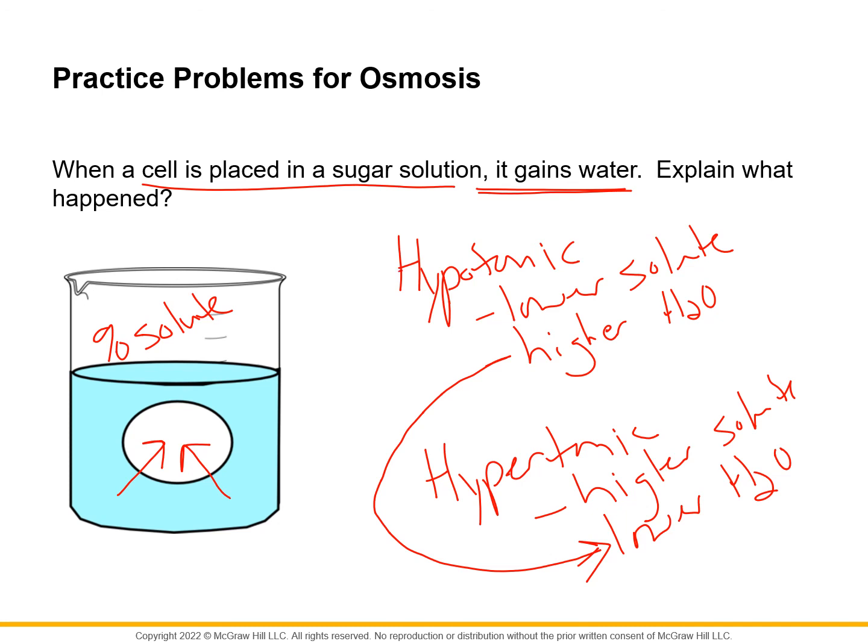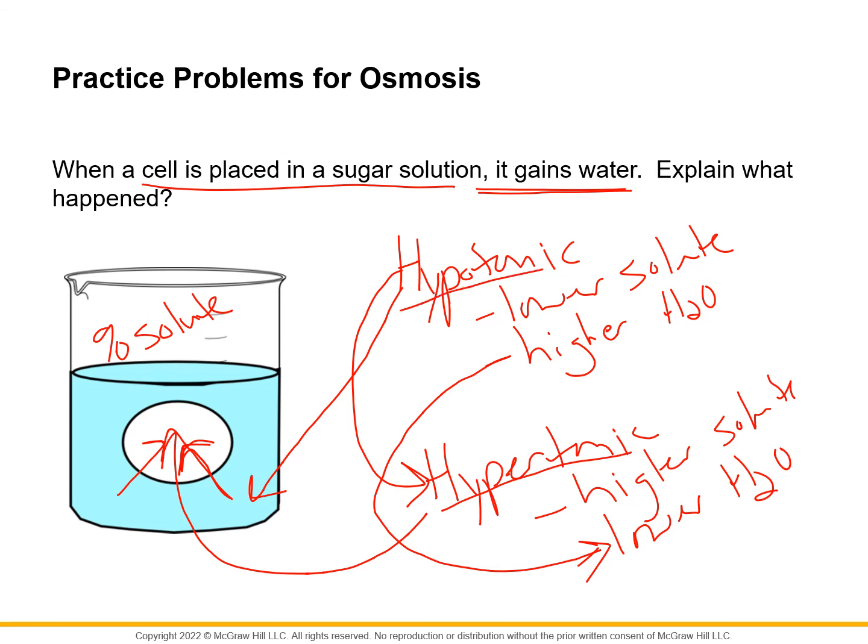So it always goes from the hypotonic solution to the hypertonic solution. So if the direction of osmosis was into the cell, then that means the hypotonic solution was the environment and the hypertonic solution was the cell. So you know that the cell was hypertonic compared to the environment. So the cell had a higher concentration of solute than the environment and a lower concentration of water than the environment.